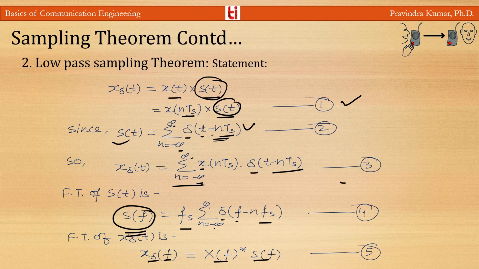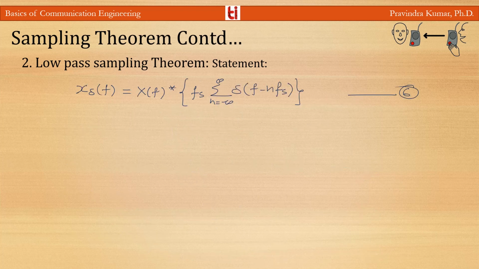This is because the Fourier transform of the product of two signals in time domain is the convolution of their Fourier transforms. So from equation third, we can have X delta f equal to X(f) convolution S(f), that is X(f) convolution fs summation minus infinity to infinity delta(f minus nfs).